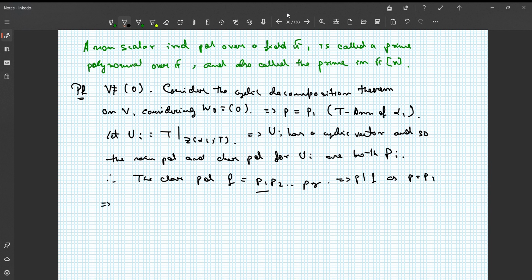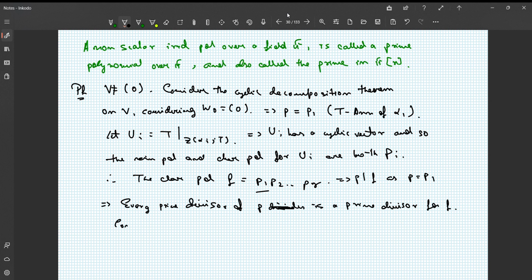So every prime divisor of P is a prime divisor of f.